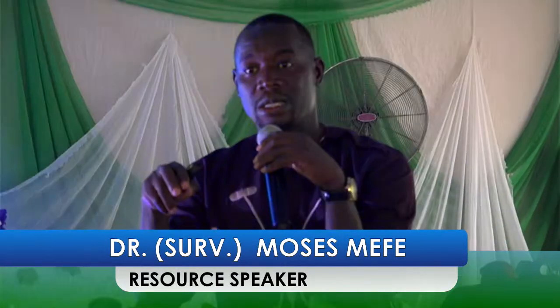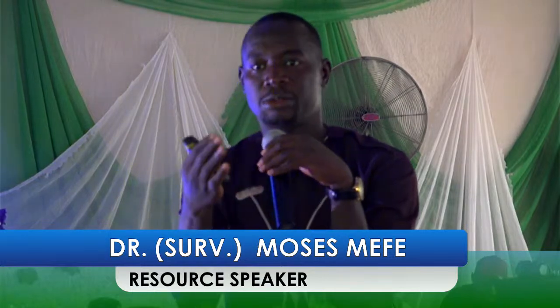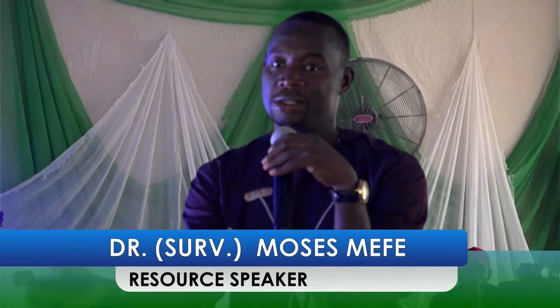Okay, now this is very important, especially for we, the modern surveyors. Most times we believe we just want to use advanced technology. No. The basic and the traditional principles are still very key. Let me give you a practical example. It's based on simple resection and intersection that we do in ground surveying.